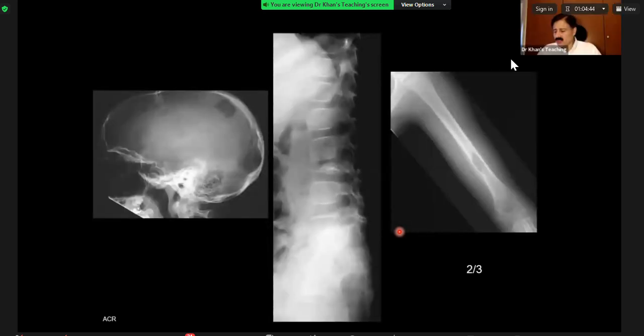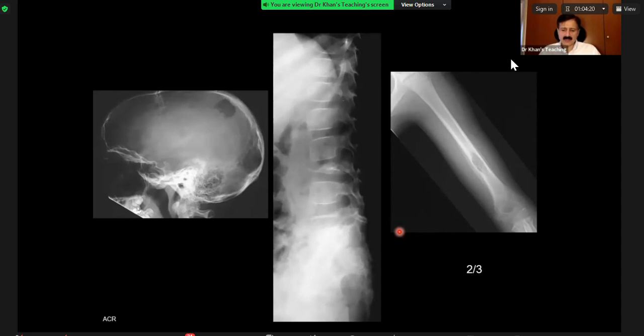Yeah, so you are mixing up the two terms here. Actually, Langerhans cell histiocytosis will involve the infundibulum. Hypophysitis is a bit of a differential for that. It can be IgG4 related, or lymphocytic, etc.